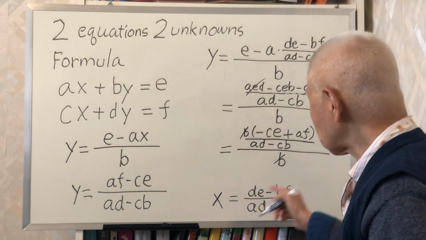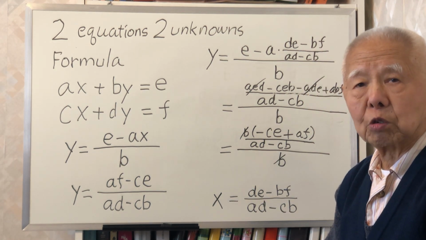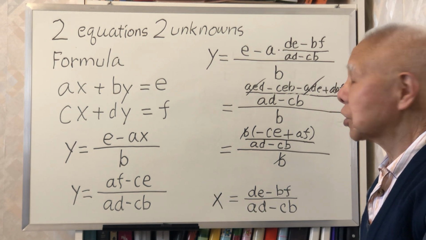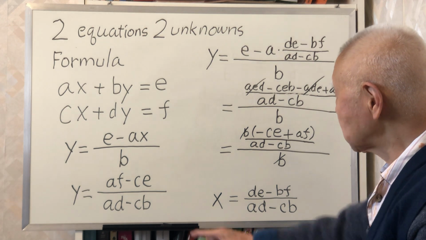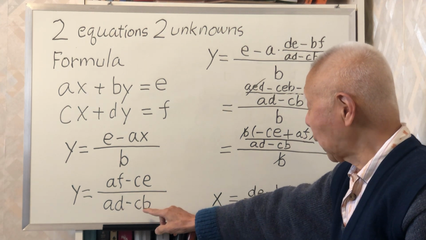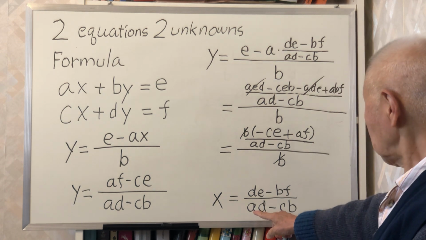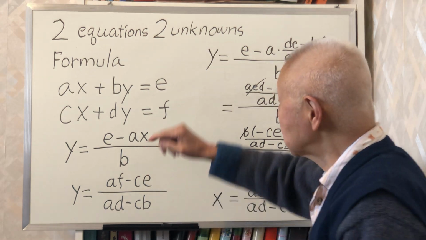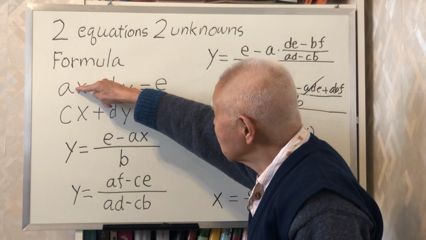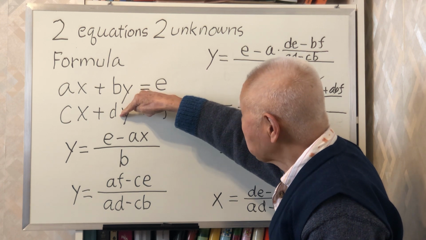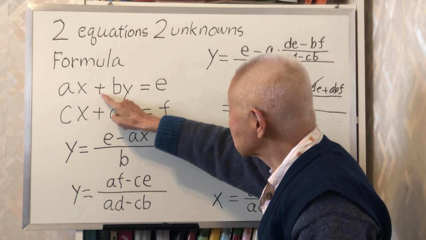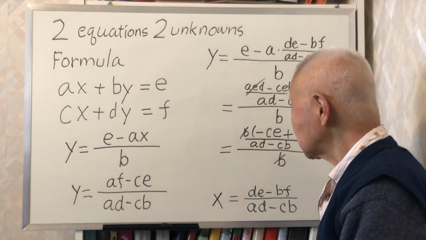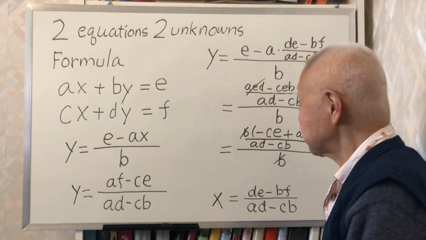But this looks quite difficult to remember. How do you memorize the formula? There is a trick. Look at the denominator, AD minus CB. The denominator is A times D minus C times B. Okay? But what about the numerator?